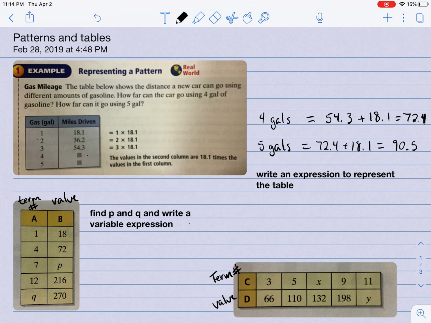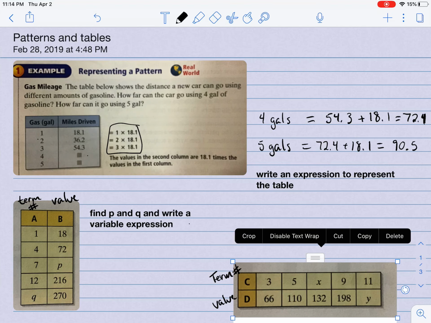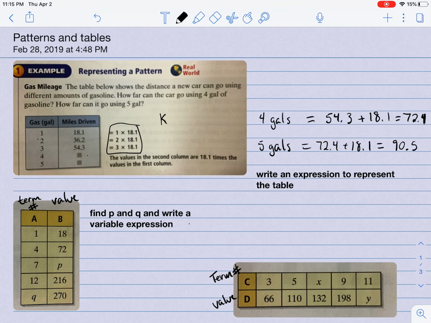But now if we wanted to know how far it is going to go in 10 gallons, if we can find what the equation is, and it kind of lays it out for us right here. Another way to think of this is proportional constant, or constant of proportionality, k equals y divided by x.